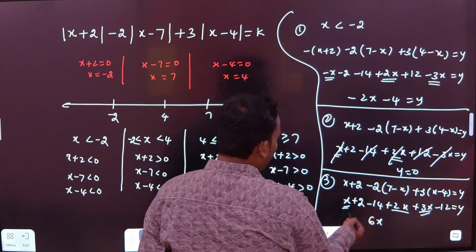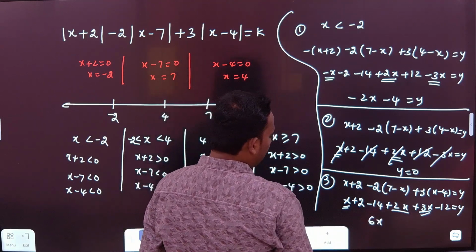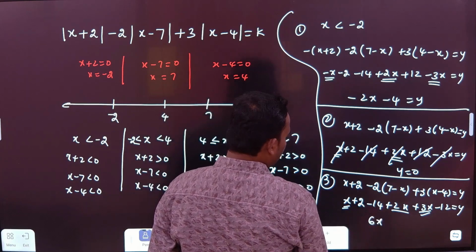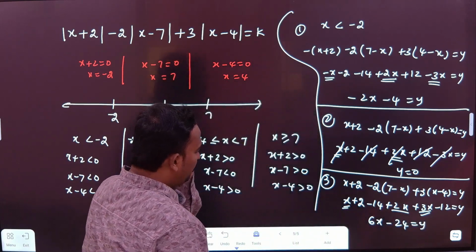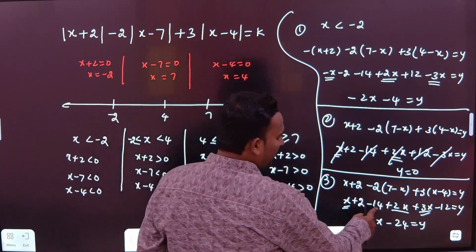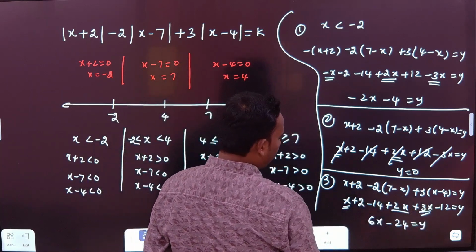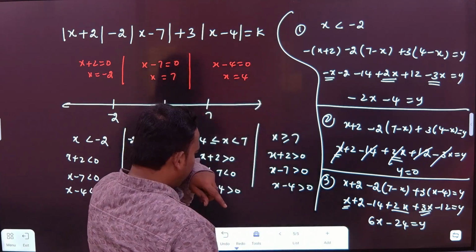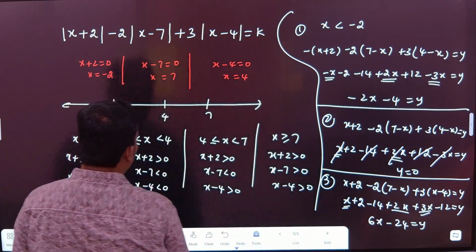So minus 12 plus 2 is what? Minus 10. Minus 10 minus 14 is minus 24, right? Is equal to y. Check it again. 2 minus 14 is minus 12. Minus 12 minus 12 is minus 24. Yes, correct.